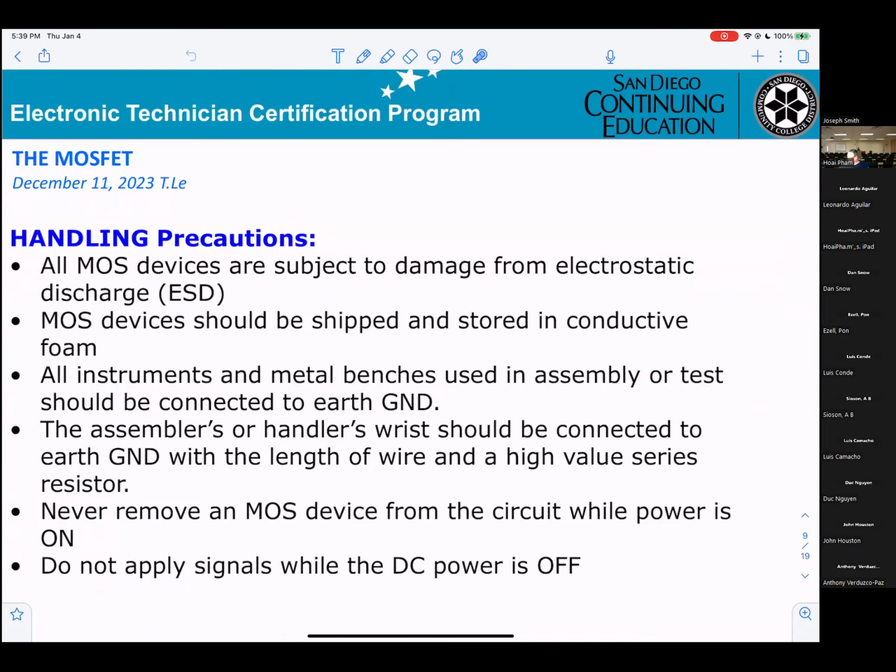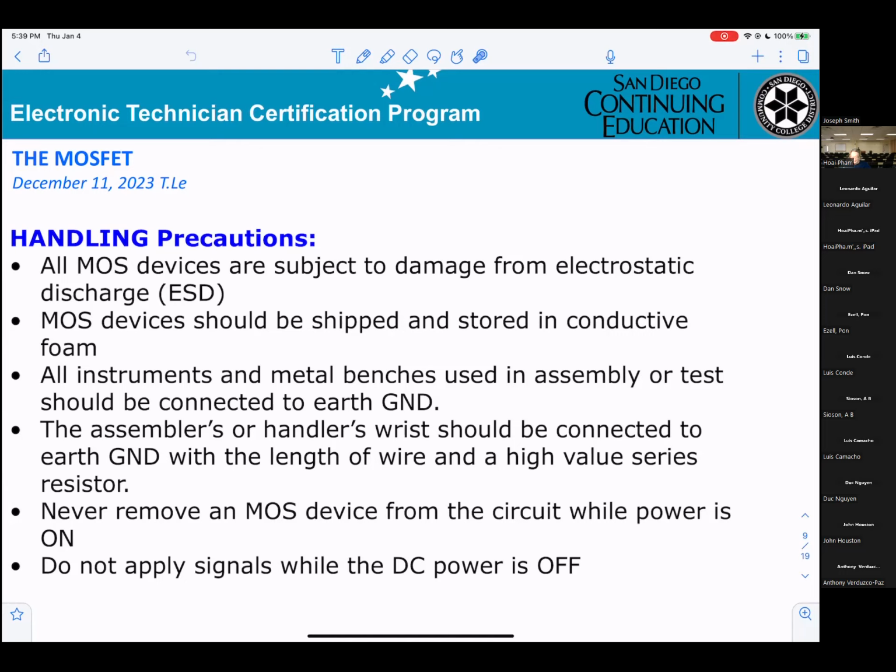Handling precautions. All MOSFET devices are subject to damage from electrostatic discharge, ESD. Okay? Normally, when you get hired to work for a company, the first thing they train you on is handling the device. That's exactly what we get here.